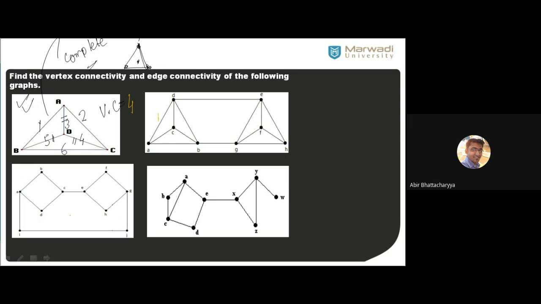No, AD is not possible. If you remove A and D, still it is connected. Nakibullah, remove A and D, still the graph is connected.